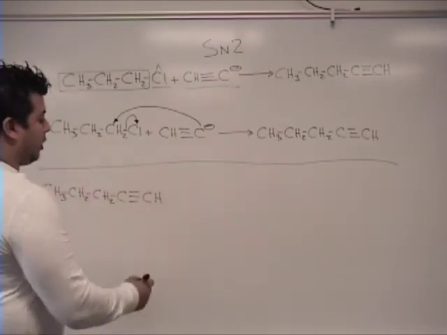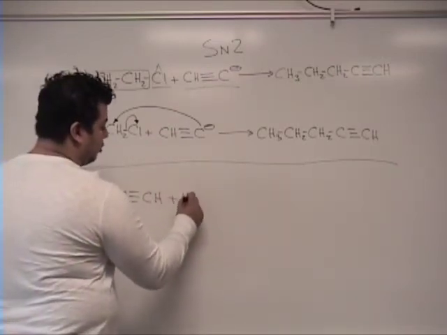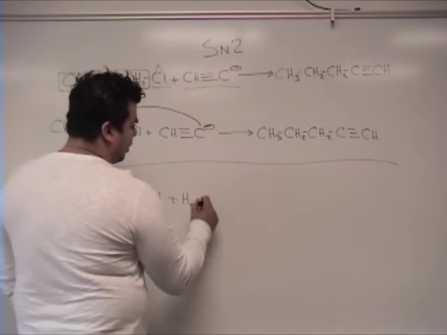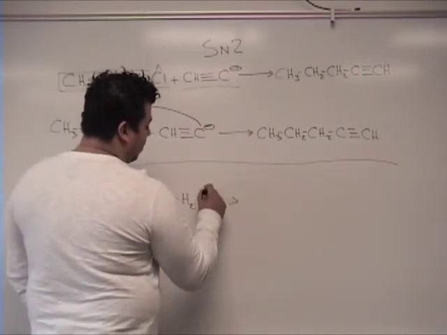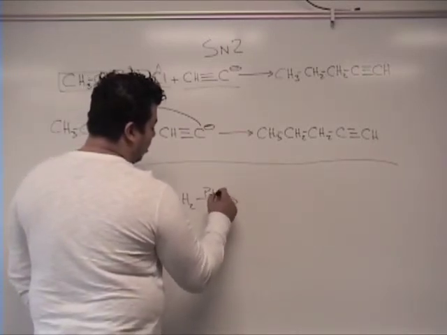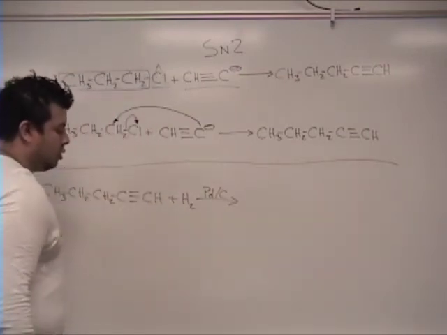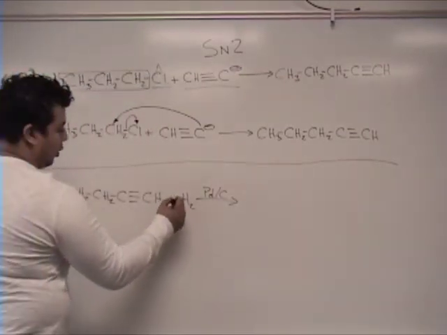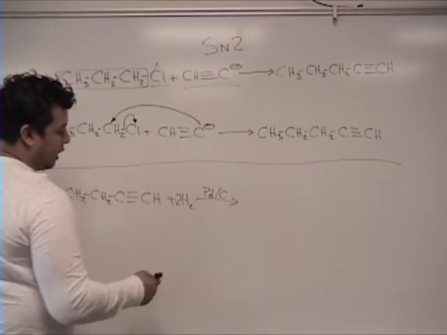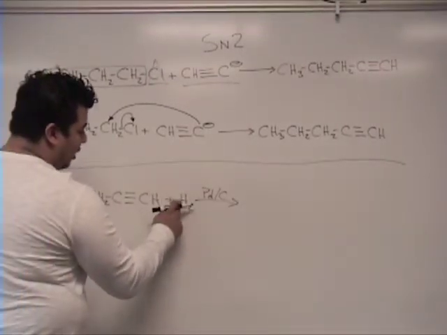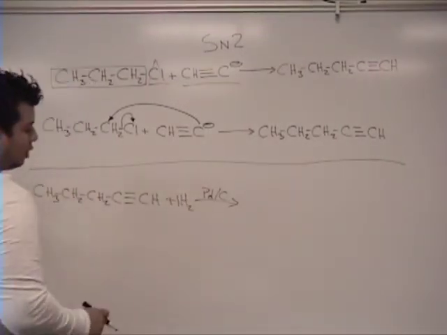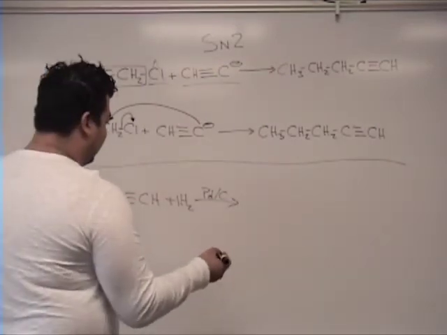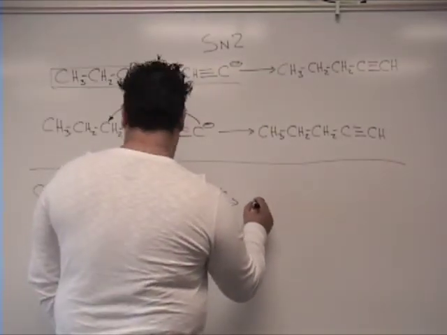You can just treat it with H2 in the presence of Pd and carbon. So if you add 2 moles of this, you will get an alkane. If you add just 1 mole of this, of H2, then you will get an alkene, a cis alkene.